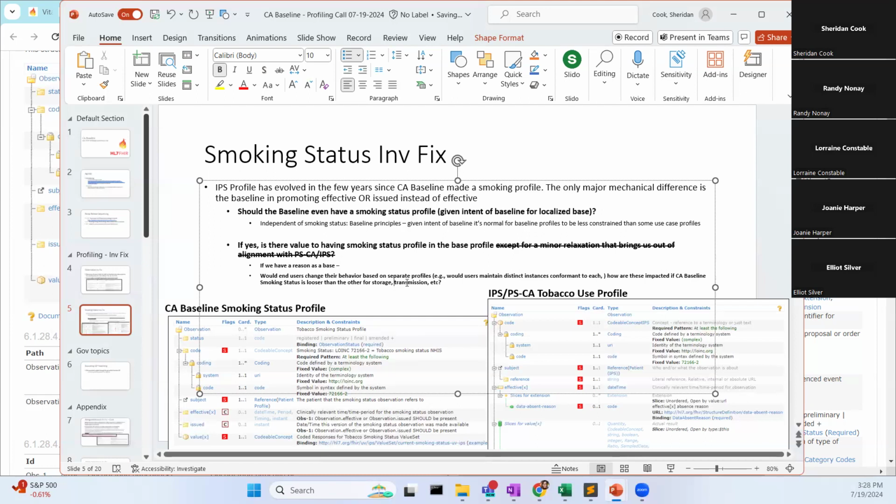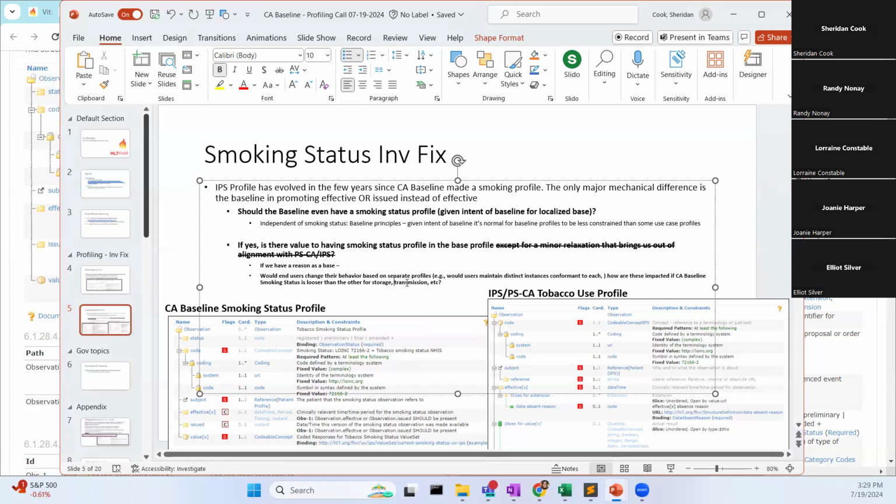So we always imagined that the rules present within the baseline were more for authors than for instances, because the chances would be that a secondary set of rules would come in at the use case level or at a stricter core level that would influence what the data actually looks like at the time of transfer. We think about that applying to practitioner.